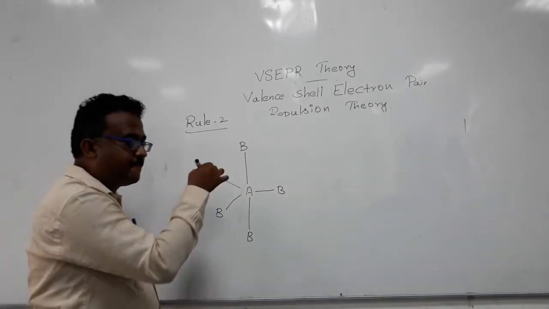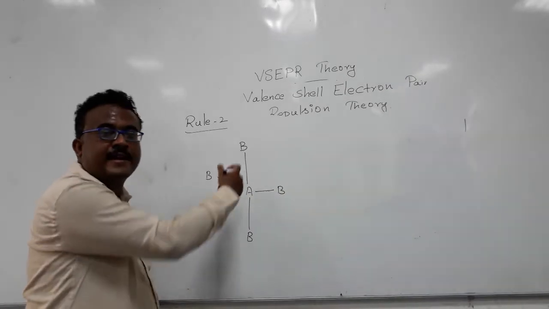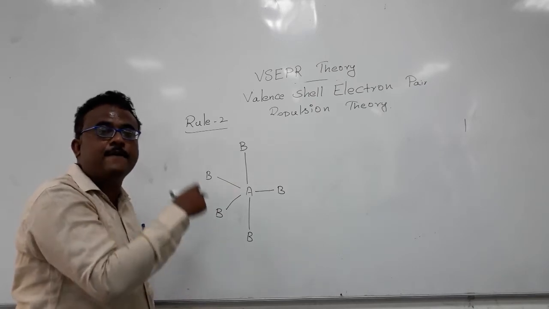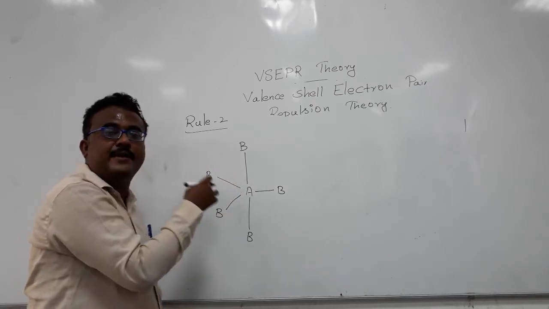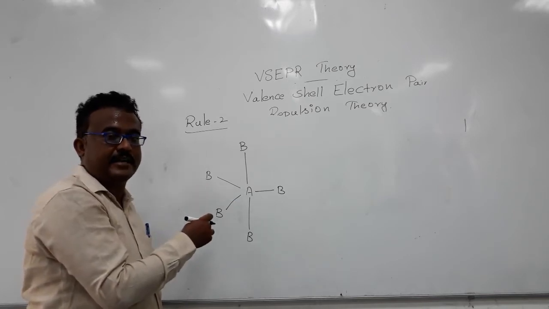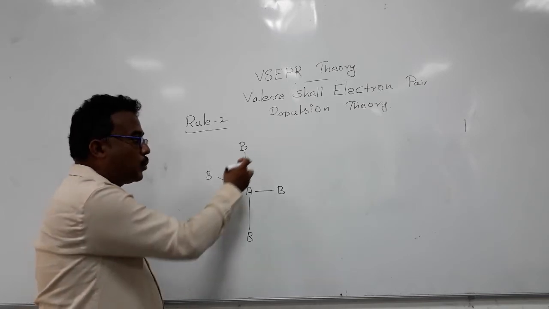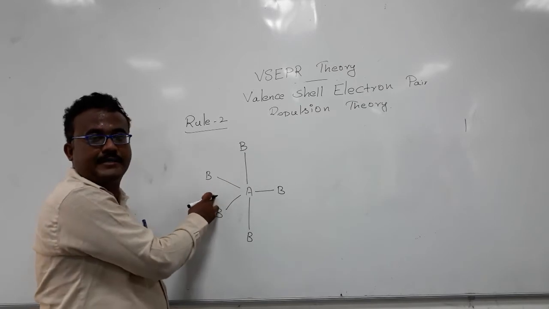So, it has 2 different sides. If there is a lone pair of electrons, one of the atoms will be replaced by the lone pair, which will go to either the axial side or the equatorial side.